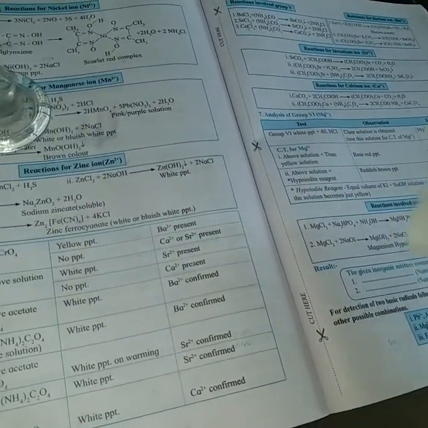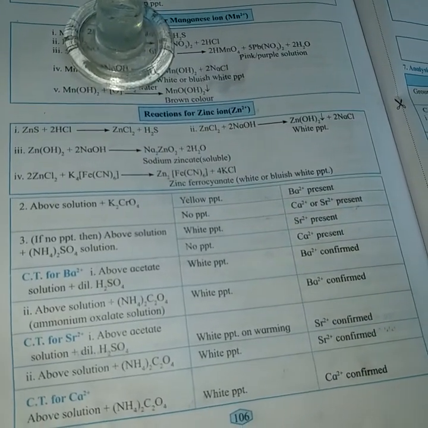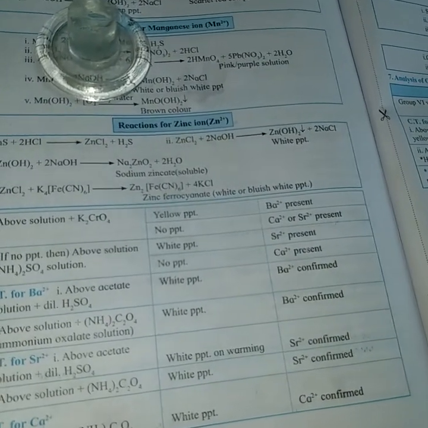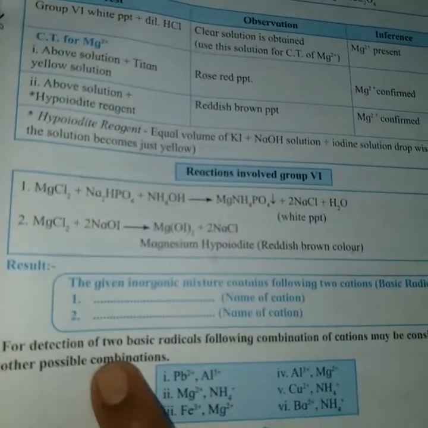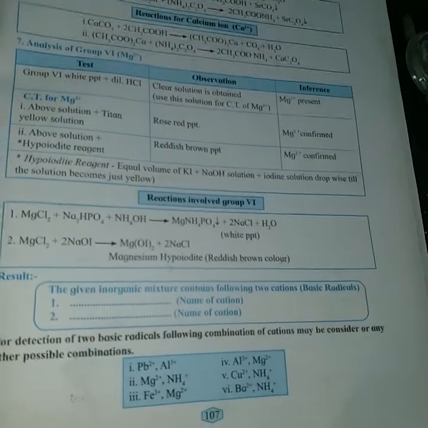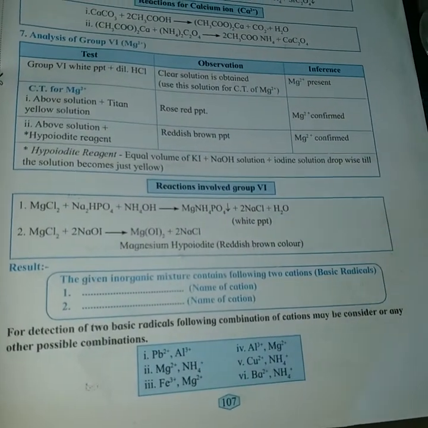So this indicates that strontium is there in the mixture. So we can write strontium and NH4+ in the result. In this way we are going to perform the basic radical analysis.